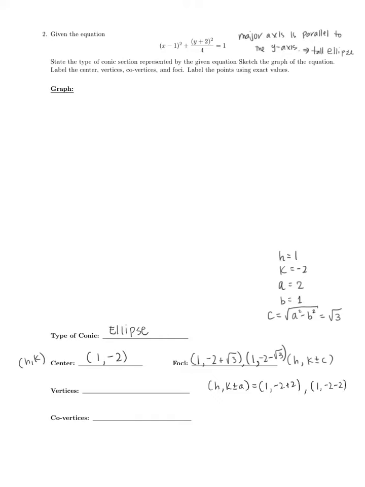So it looks like our vertices are going to be 1 comma 0 and 1 comma negative 4. All right, so let me just draw that out, and then we can determine the co-vertices pretty easily if I draw this out.